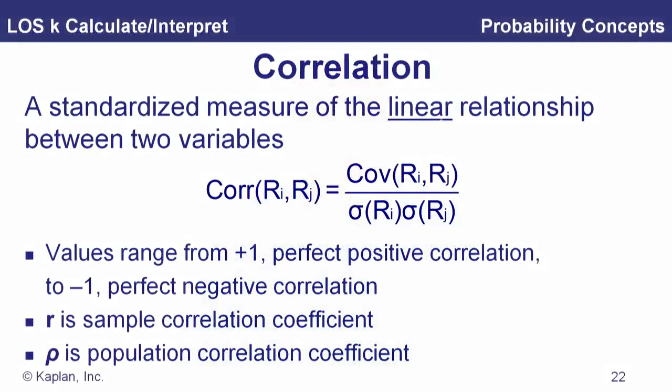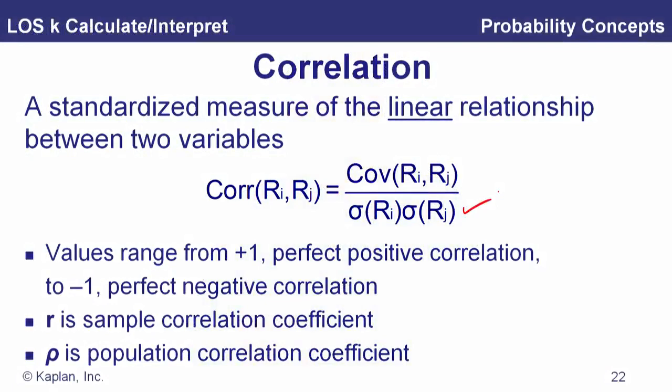So what we use is something called the correlation coefficient. And it's a standardized measure of the linear relationship between 2 variables. And the standardizing is done by dividing by the product of the standard deviations. Because remember, our standard deviations are in whatever units we used. So depending on how we measured a variable, we might get a very different covariance.